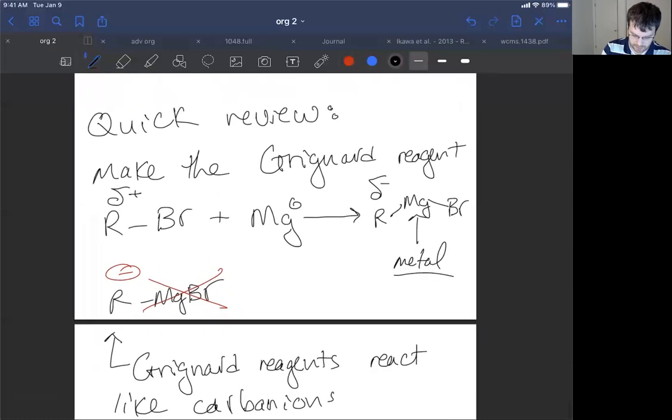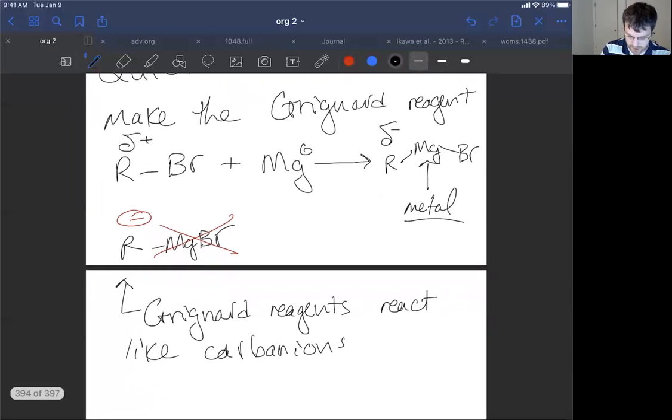So they act like carbanions, which means they're mostly negative. Mostly C minus. Now that's a simplification, if I'm honest, simplifying a few details, but it really does the job for us, and I find it to be quite helpful.